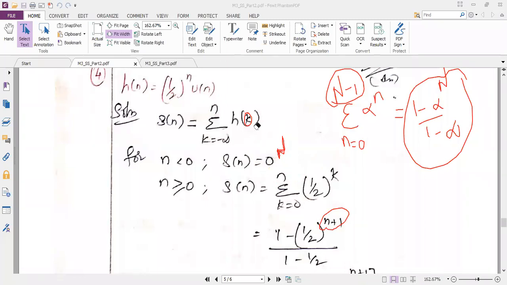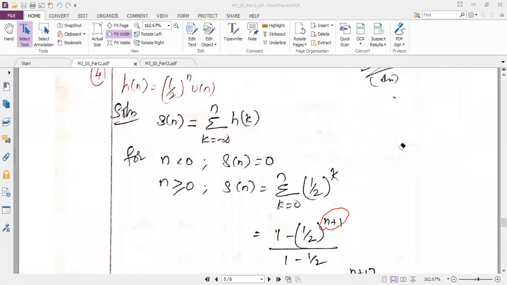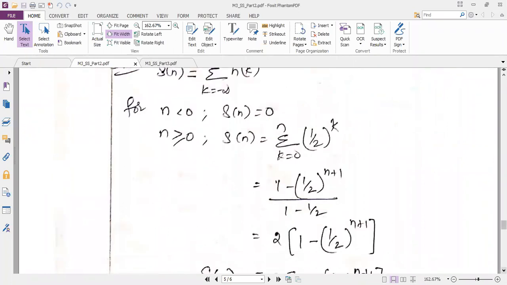Simplify this: the denominator is 1 minus half, so it is half, and that 2 will come up. See the simplification how I have done: 2 into 1 minus 1 by 2 power n plus 1.